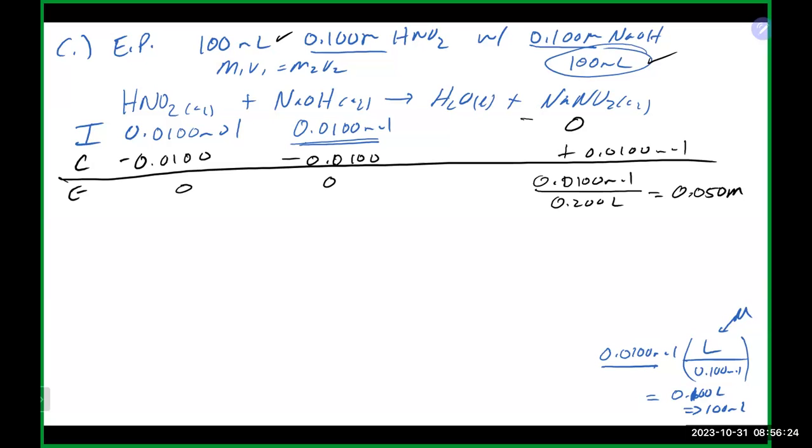At this point, the only thing left is our salt. Will the salt do anything? I think this salt will do something because it is basically a sodium ion and a nitrite ion.